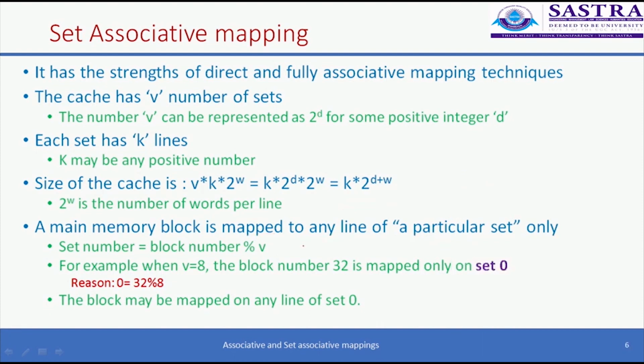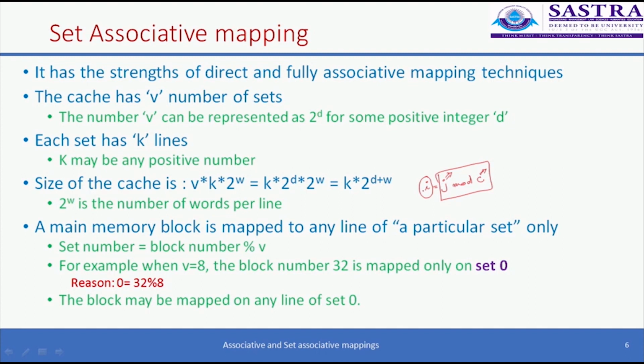In direct mapping, the line number is calculated by using a formula i equal to j mod c, where c is the number of lines and j is the block number. So, by manipulating the right hand side, i, the line number, is identified.